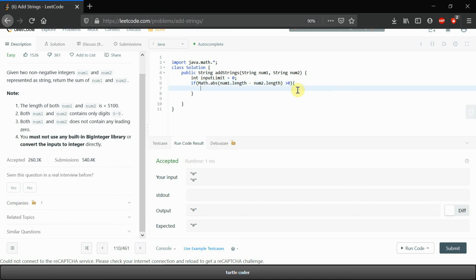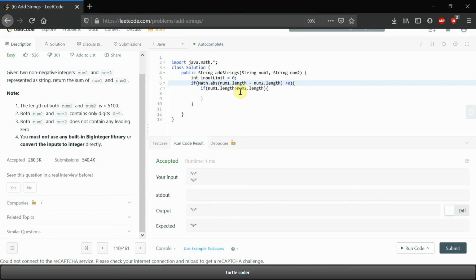So in the case where they have some difference, I'm considering where the length of the first string is greater than the length of the second string. Over here this would be the difference of the length.